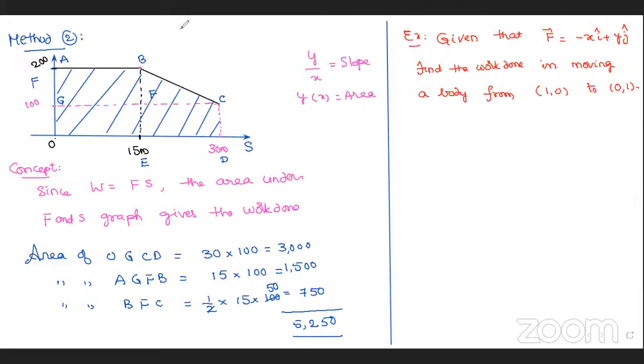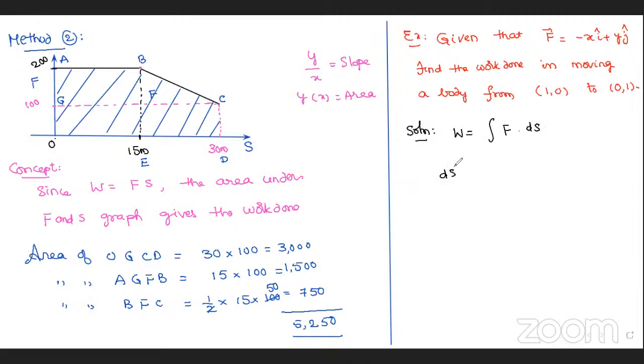That's why to find the work done, I assume like this. Once you observe, if you have any doubt, you can ask. Since the force is variable, first W is equal to integral F dot ds. Number two, the force is given in coordinate points.